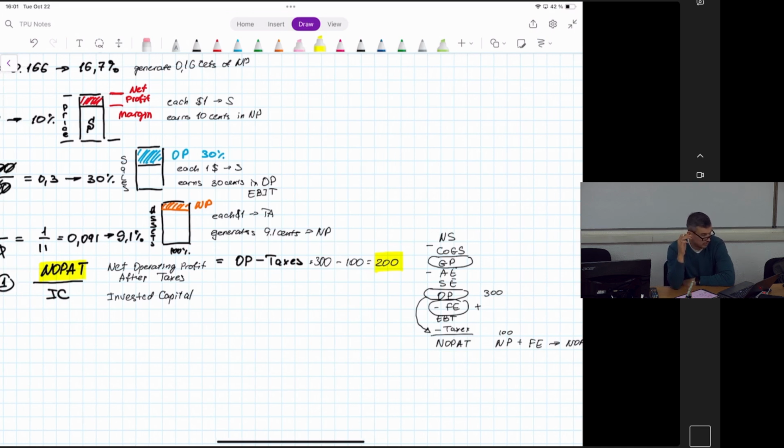Well, let's talk about invested capital. The idea of invested capital is something that is invested by stockholders and creditors, banks, financial institutions. In other words, who invested money in you and wants to take it back? So we don't use the salaries payable, taxes payable, all these small liabilities.